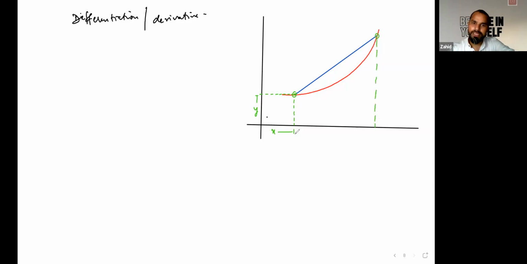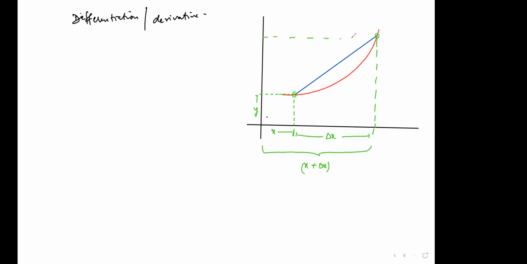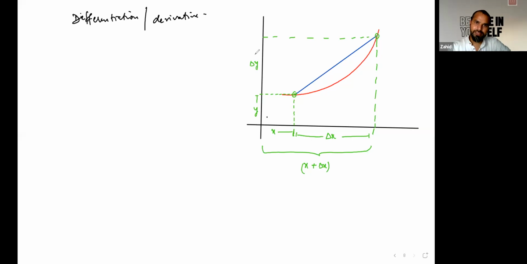There is a change in the x coordinate, say delta x, so the total coordinate from the origin is x plus delta x. Is it correct? Yes, sir. Similarly, if we define the change in y as delta y, the total length from the origin is y plus delta y.